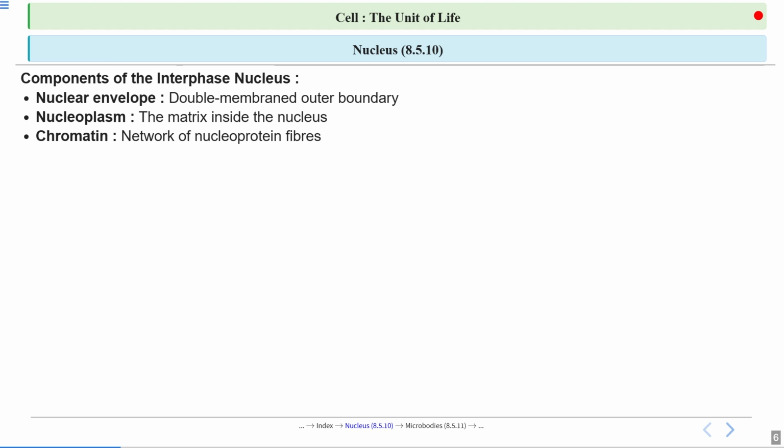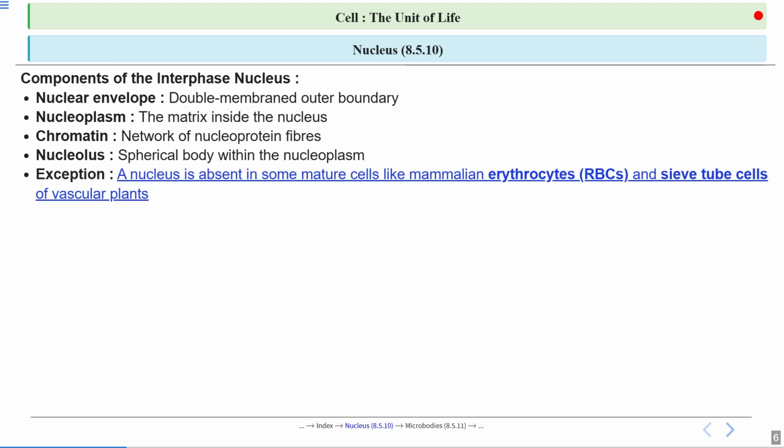So chromatin will be a network of nucleoprotein fibers. Then the nucleolus. Nucleolus is a spherical body within the nucleoplasm. Nucleolus is involved in ribosomal RNA synthesis.